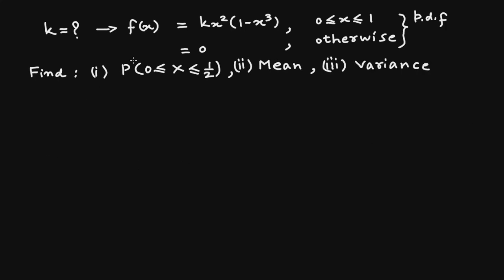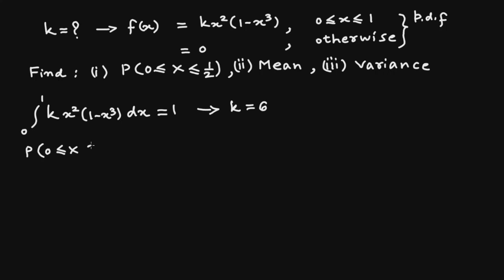As usual, since given function is a probability density function, we have integral k x square into 1 minus x cube dx from domain 0 to 1 equals 1, which after solving by usual method gives us k equals 6. Now for finding probability when x is between 0 and half, we write k, which is 6, integral x square minus x raised to 5 dx from domain 0 to half, which by solving further gives us 15 upon 64.